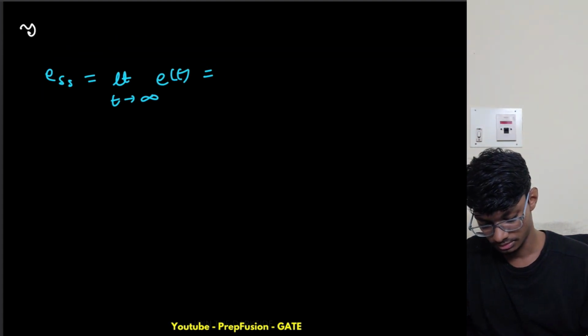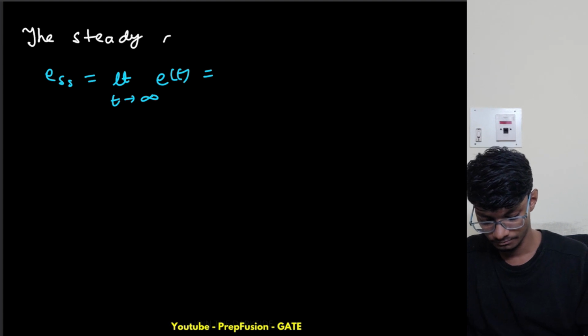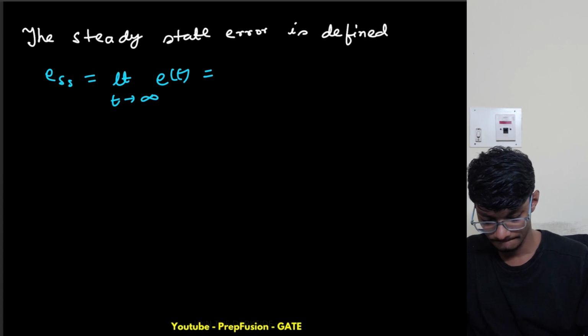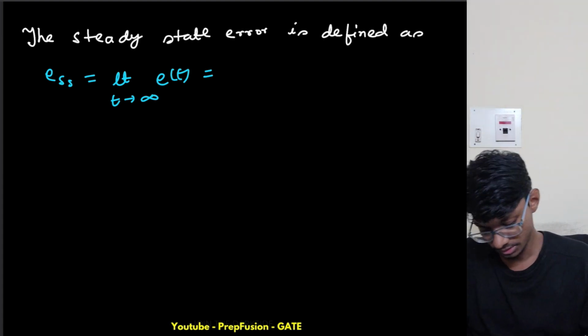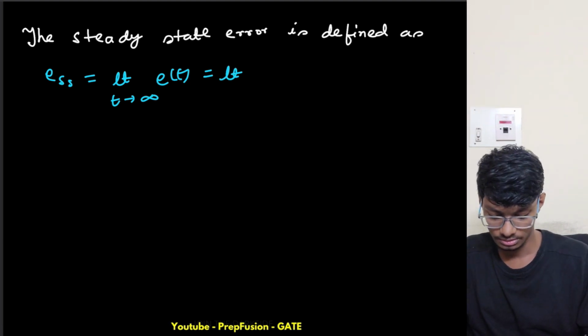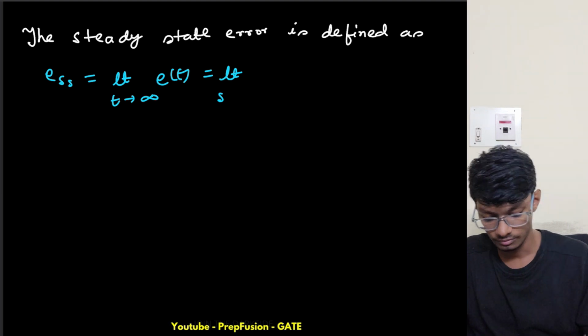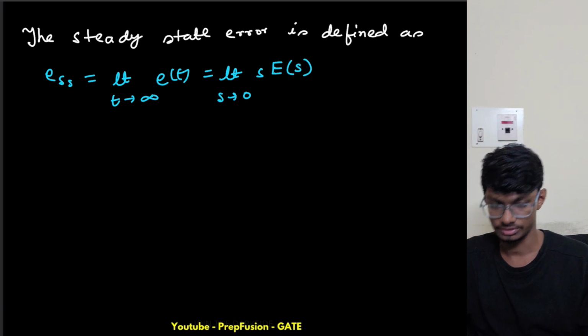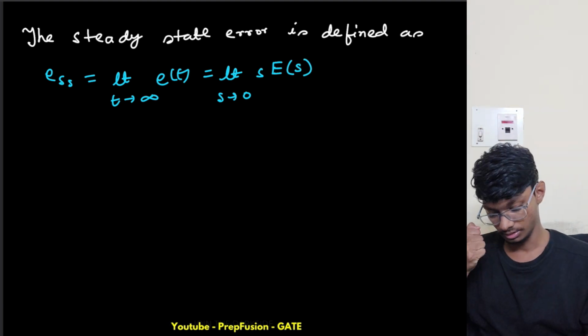The steady state error is defined as this one. So this is basically the limit, using the final value theorem, as s tends to 0 of s E of s. Now what is my E of s?